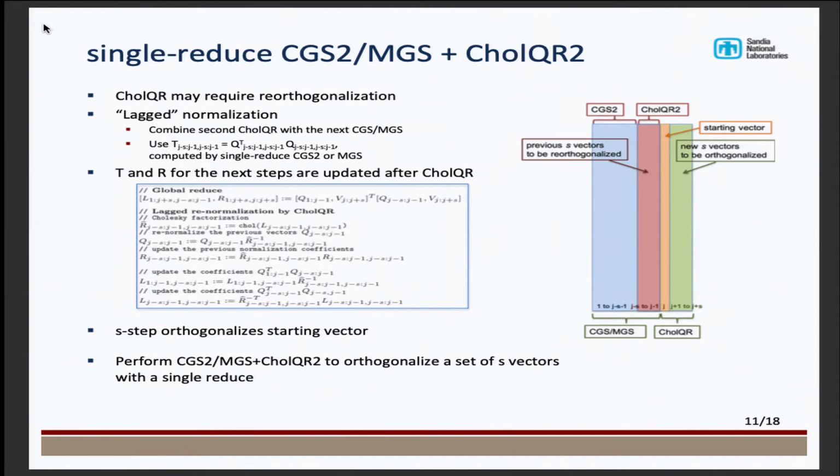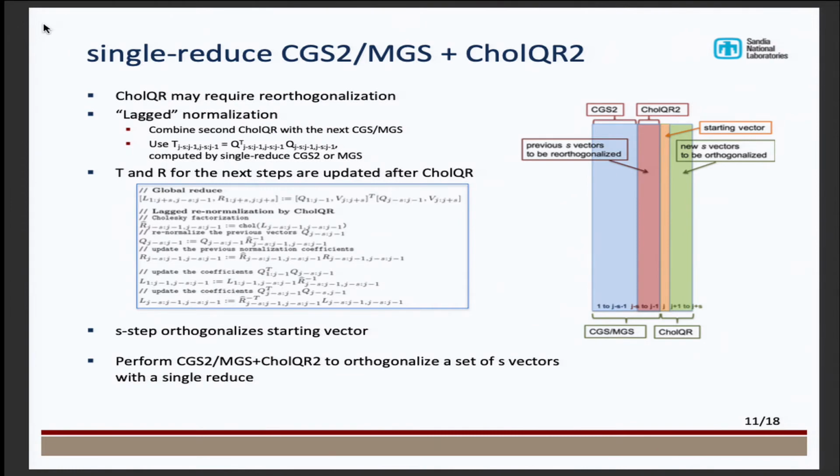By doing this, we can combine the global reduce needed for the second round of Cholesky QR with the next round of CGS or modified Gram-Schmidt. And the interesting thing here is this Gram matrix, which is needed for Cholesky QR, is actually the same matrix T, which is used for this single-reduce CGS2 and MGS.